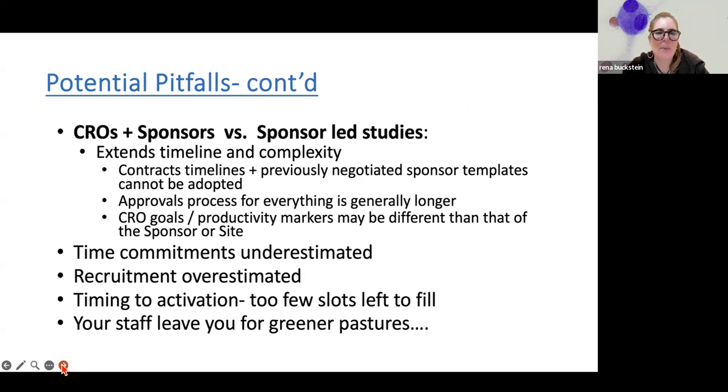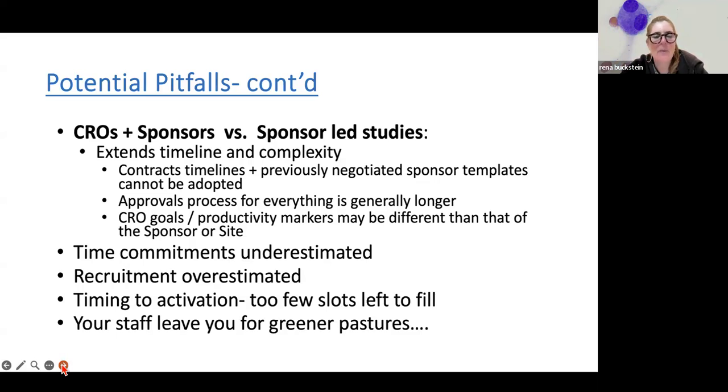I can't tell you how many times the timelines slip, because you send them the contract for negotiation, you review it, you make modifications, you send it back to them, and then it's a month or 6 weeks, and only badgering them over and over and over again to come back to you with more revisions to the contract. So it's very important to be proactive and naggy about these contracts because they can take a long time.